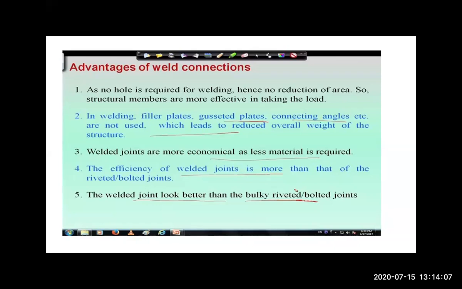Then the fifth advantage is the welded joint looks better than the riveted and bolted joints. You have seen some of the bolted joints; I have shown you sketches of the bolted joint or riveted joint. There is the appearance, what we can say, in our building planning, one is the appearance.